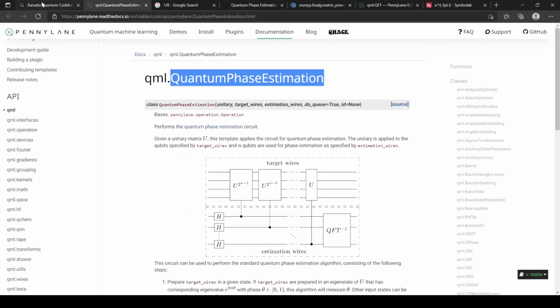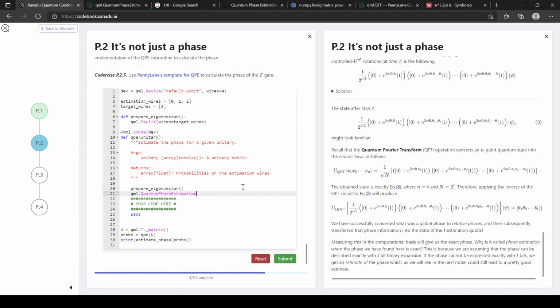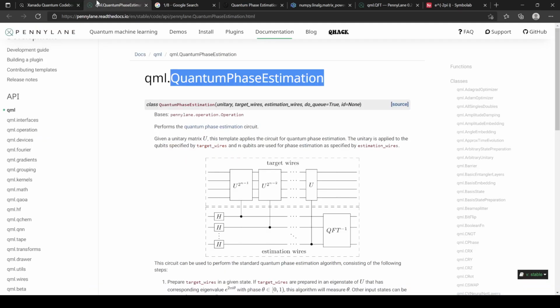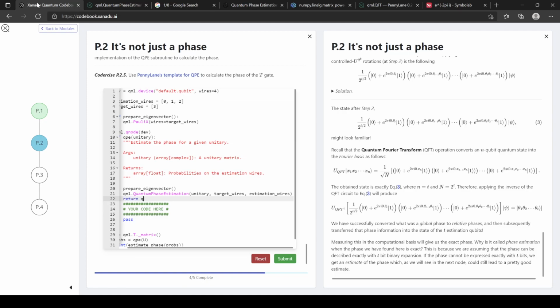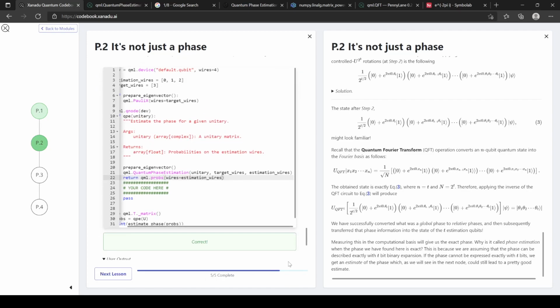There already is a QPE template. Unitary, target wires, estimation wires. Unitary target. Bounds. Wires.